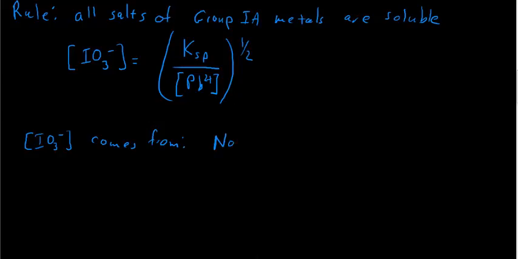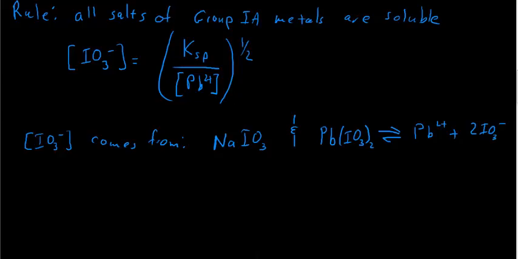It comes from the sodium iodate that we added to the solution, but it also comes from the dissolution of the lead iodate. So some of that lead iodate will dissociate to give you lead ions and iodate ions. Right? So we have two sources of iodate.